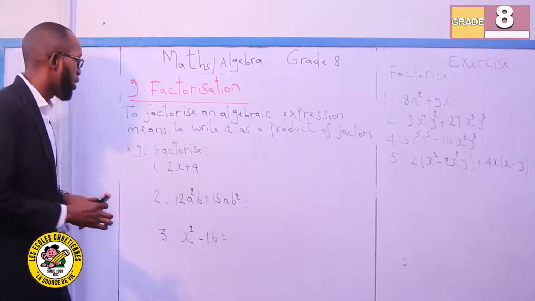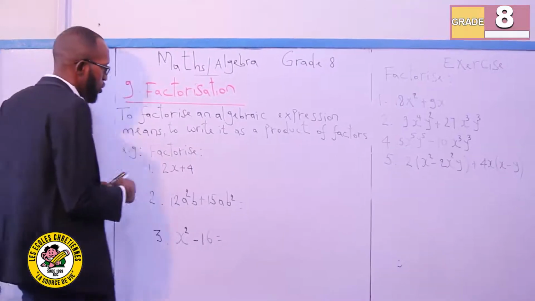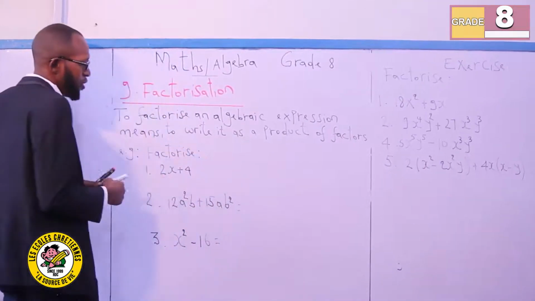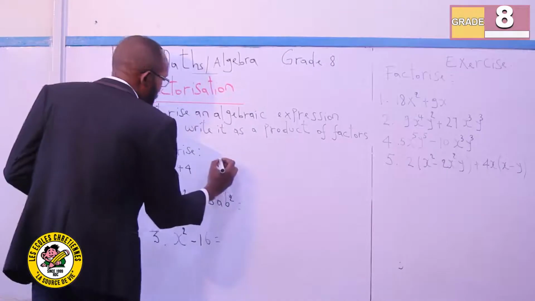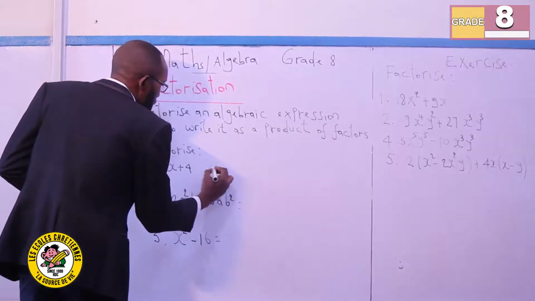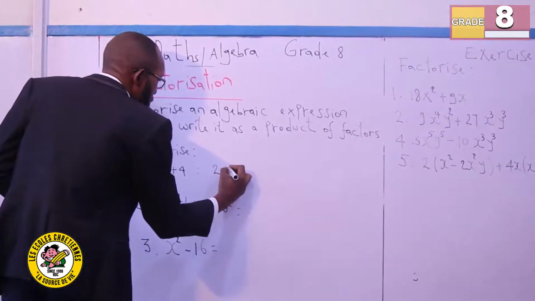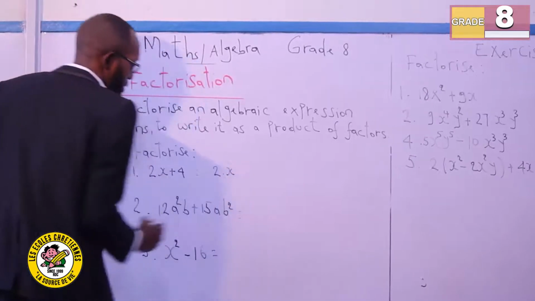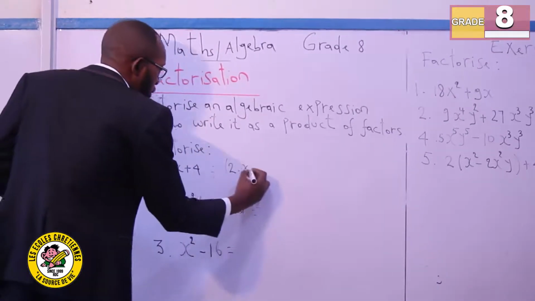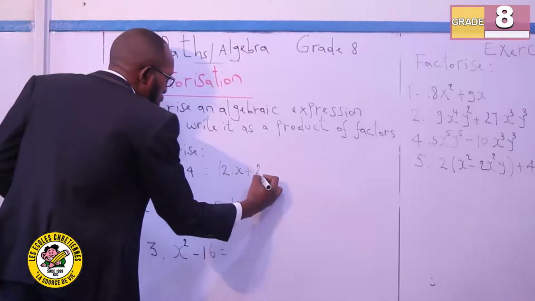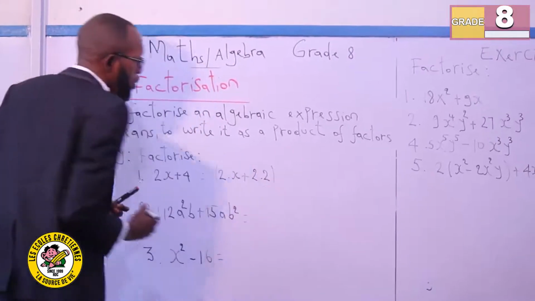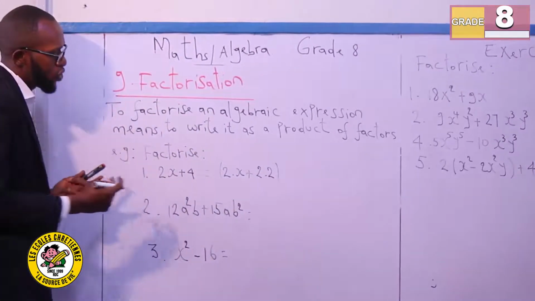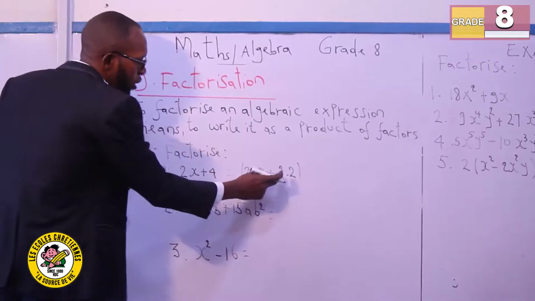Okay? So if I take the first, if you have 2x, it means 2x is 2 times x, right? And here 4 means 2 times 2. So what are the common factors? The common factors are 2 and 2.